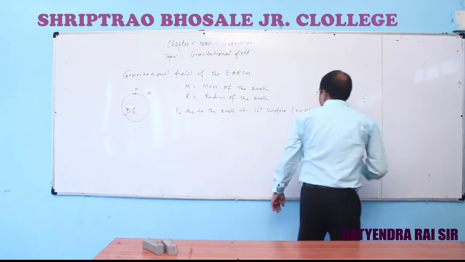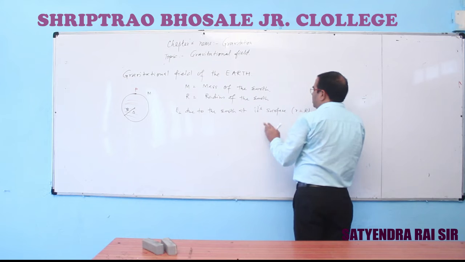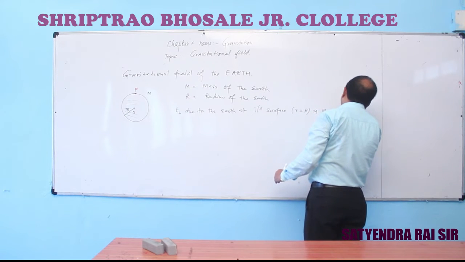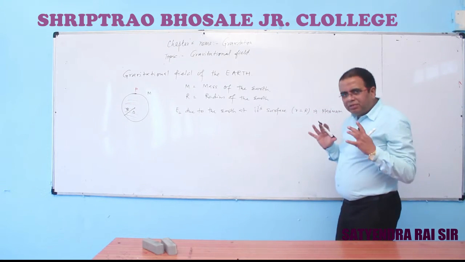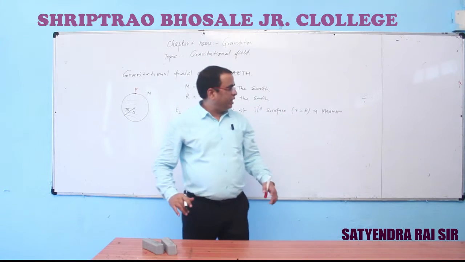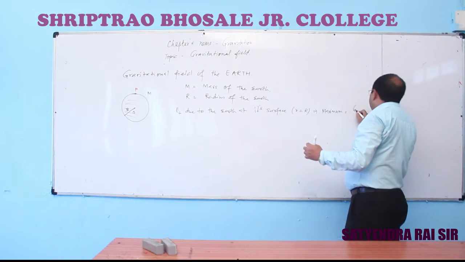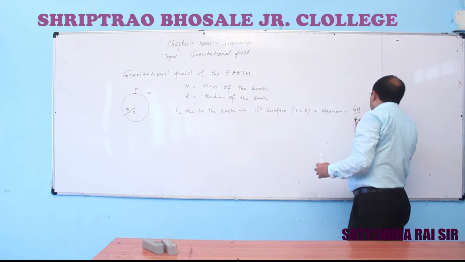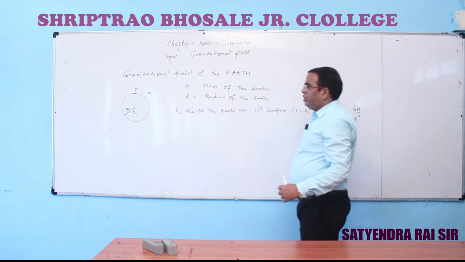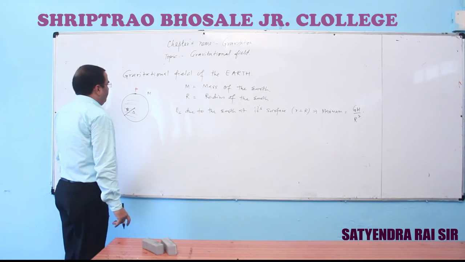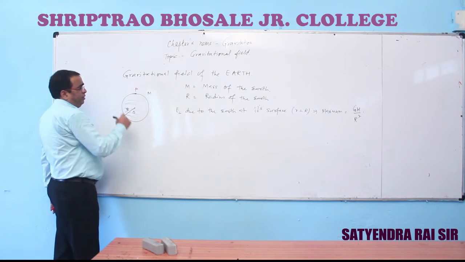Eg due to the Earth at its surface is always maximum. Don't forget what we have just learned for a sphere. Its maximum value is GM by R square. Similarly, a point outside.